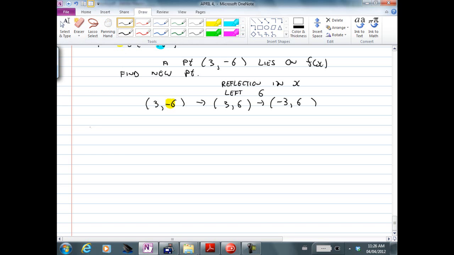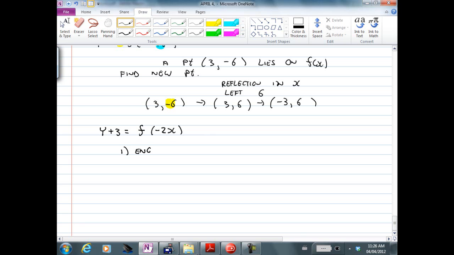Guys, gals, what if I give you this? y plus 3 equals f, and this is going to be negative 2x. You're going to tell me in English first. What happens?